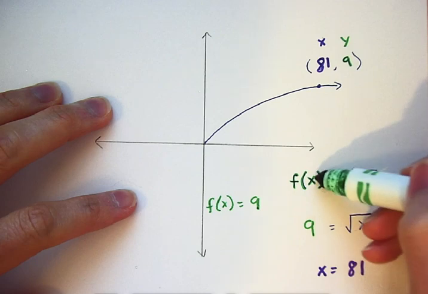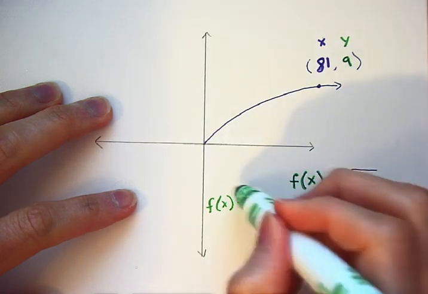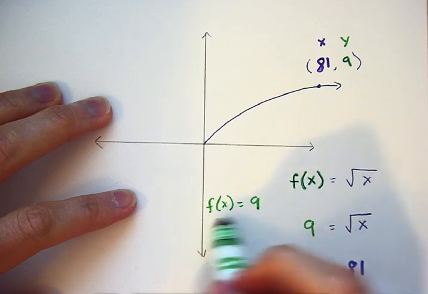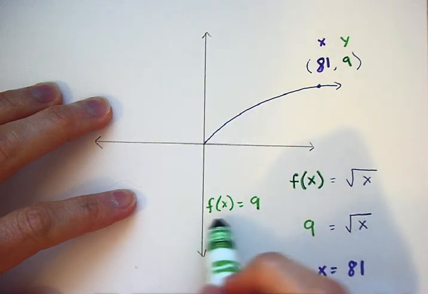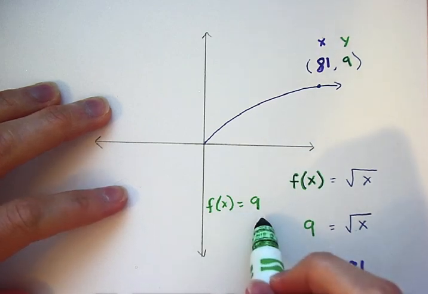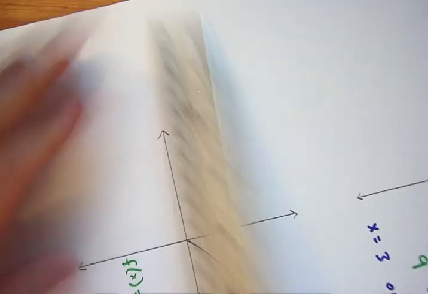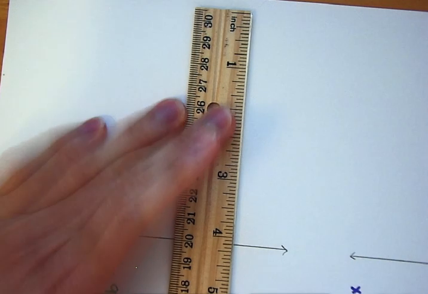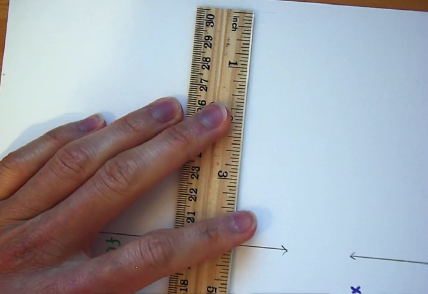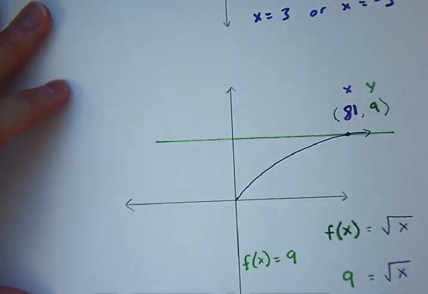So if I graphed the equation y equals 9, that would be a line that looks like that.